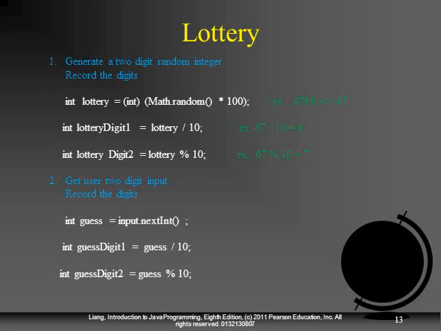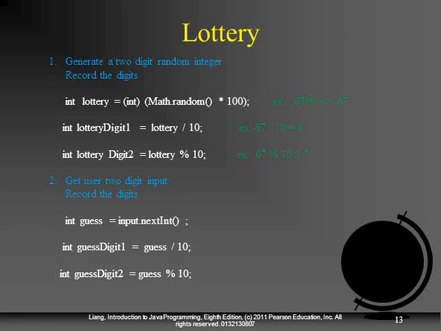Then to get the digits, as long as I have a 2-digit integer, 67, if I divide by 10, that'll give me the leftmost digit. So that's the first digit. And then if I take the remainder of dividing by 10, that gives me the rightmost digit.